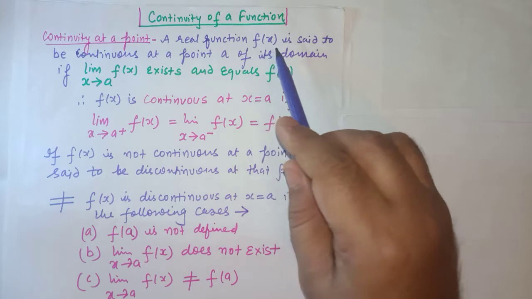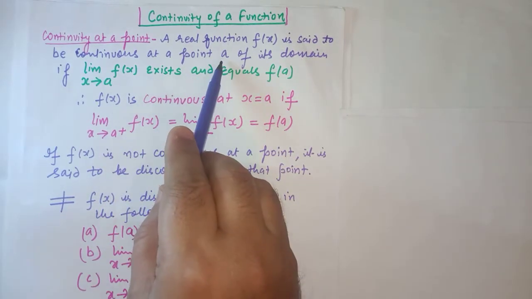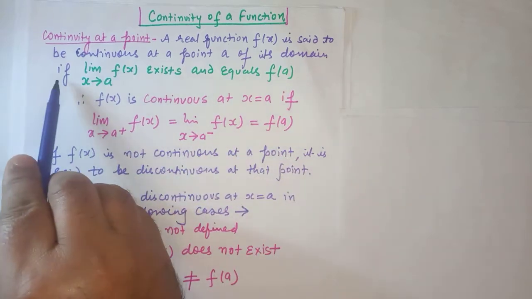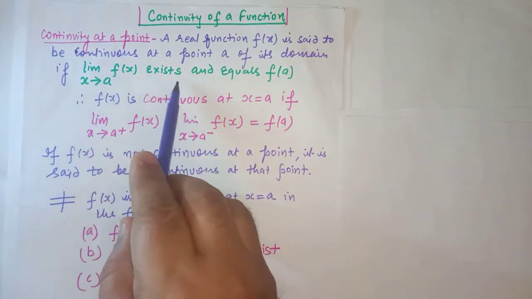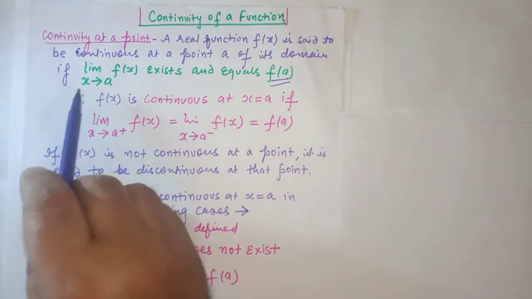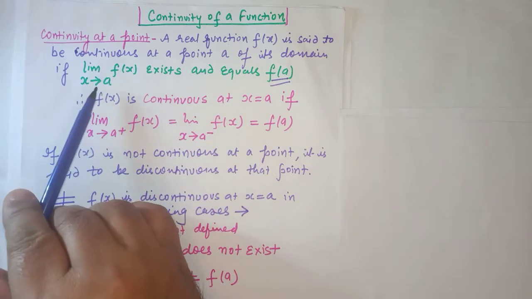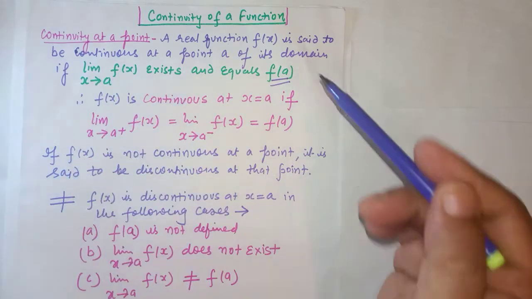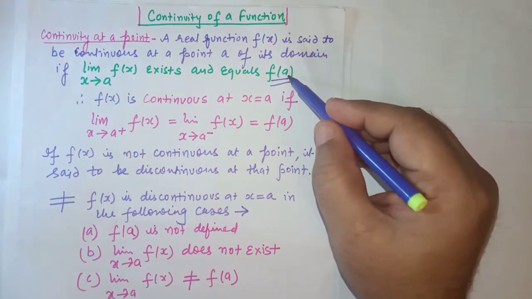A real function f(x) is said to be continuous at a point a of its domain if the limit as x tends to a of f(x) exists and equals f(a). That is, the limit of the function at x equal to a is equal to the value of the function at x equal to a. Clear?